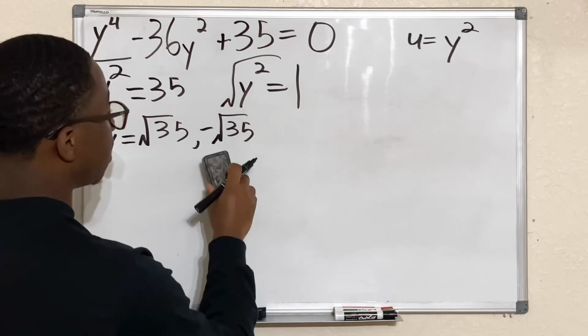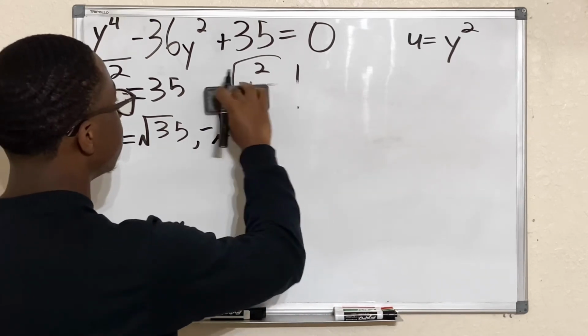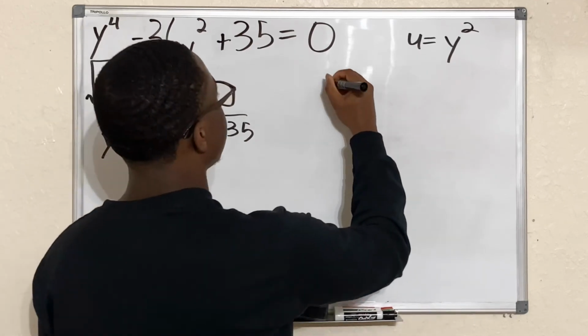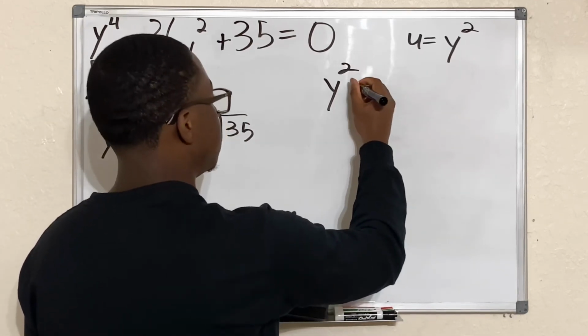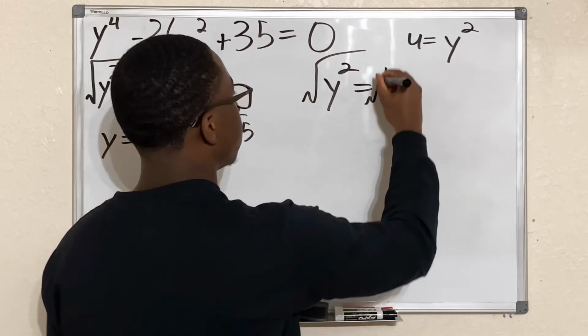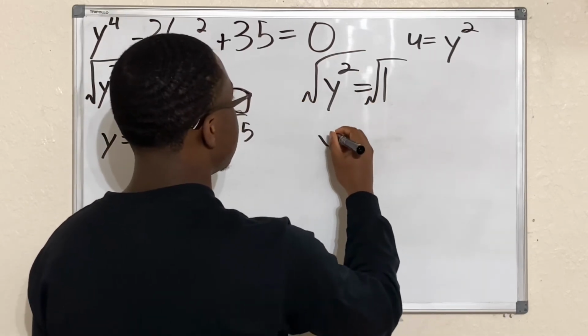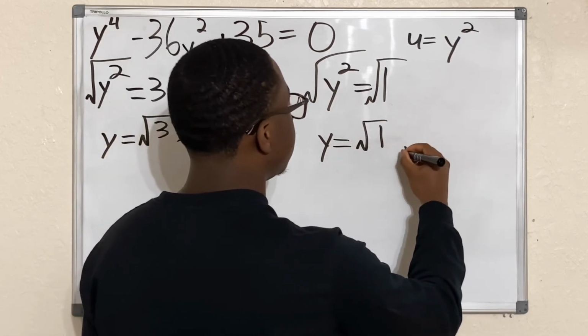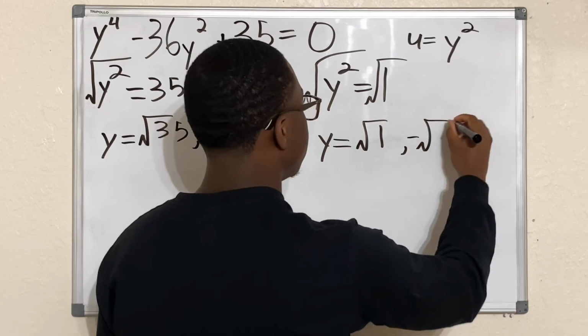So those would be our two answers. Let me move this over a little bit to give us some more room. So we have y squared is equal to 1. We square root both sides, and we end up with y is equal to the square root of 1 and the negative square root of 1.